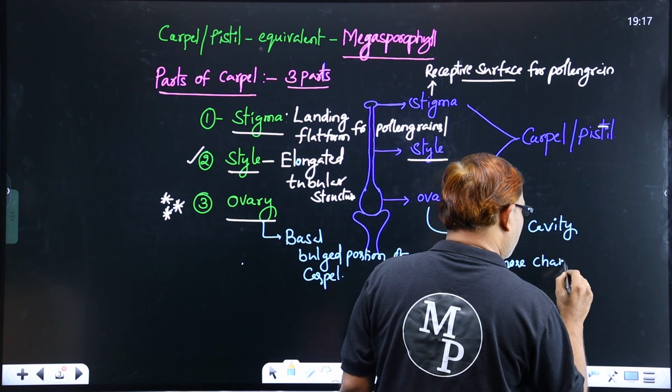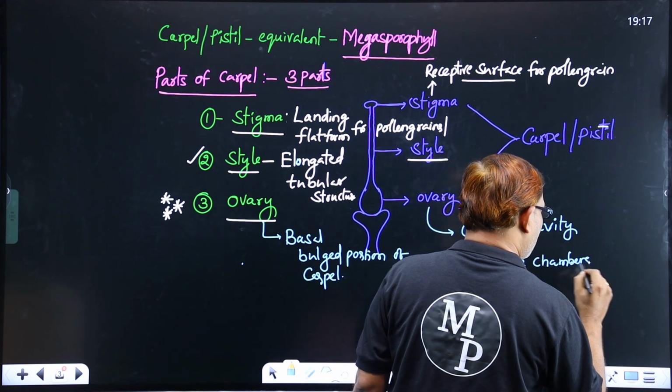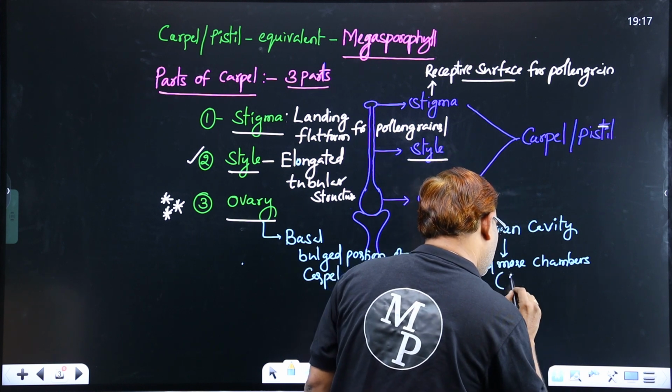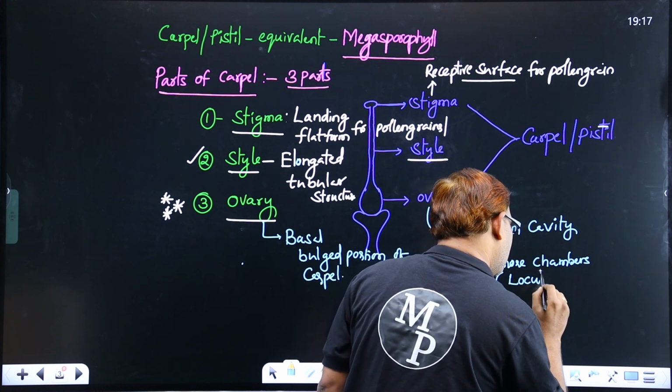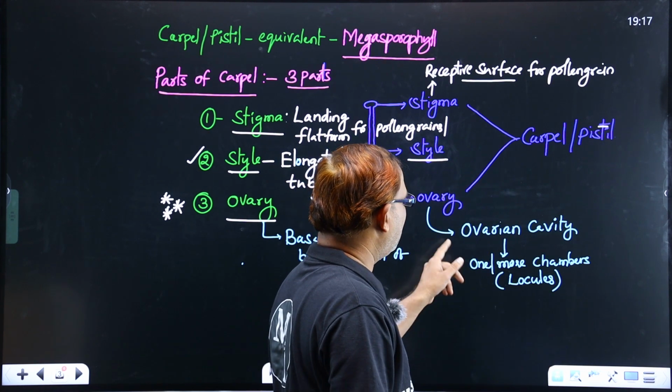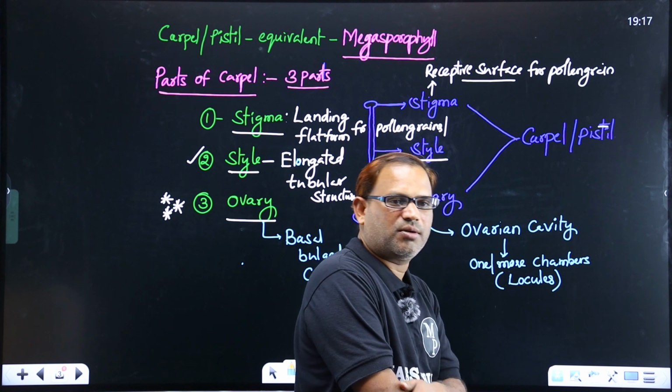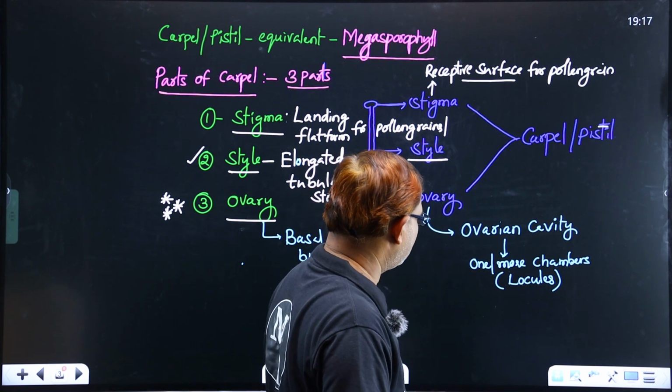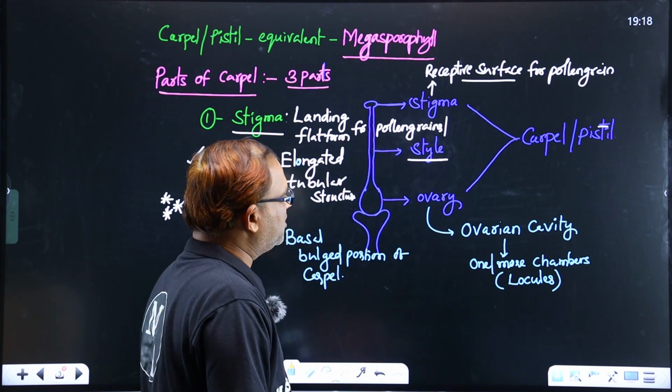The one or more chambers are called locules. Very important. One or more chambers present inside the ovarian cavity are called locules, right?